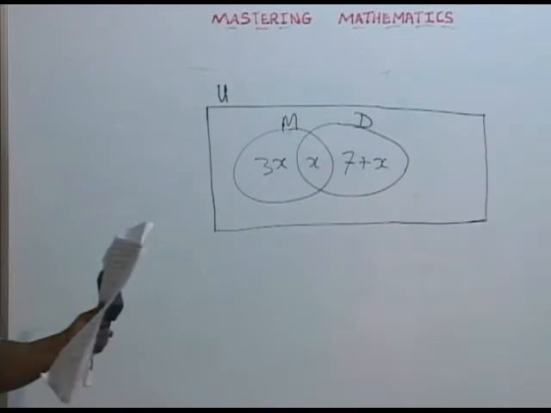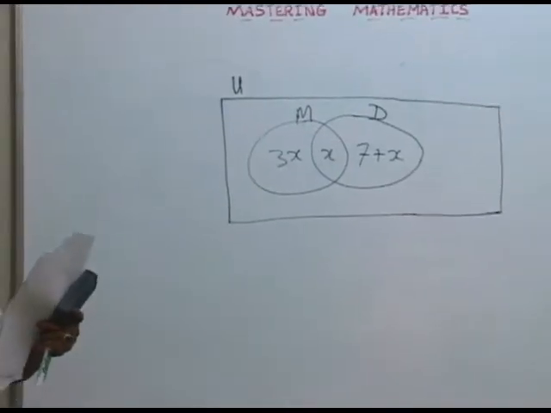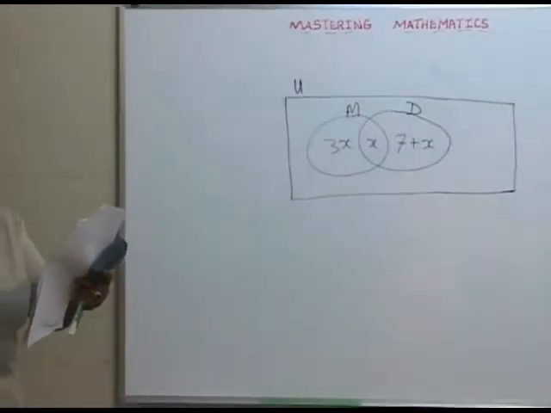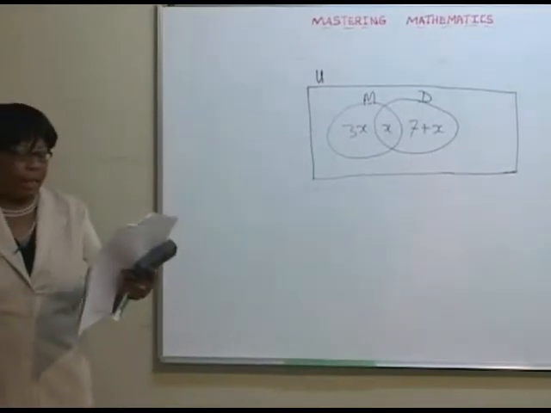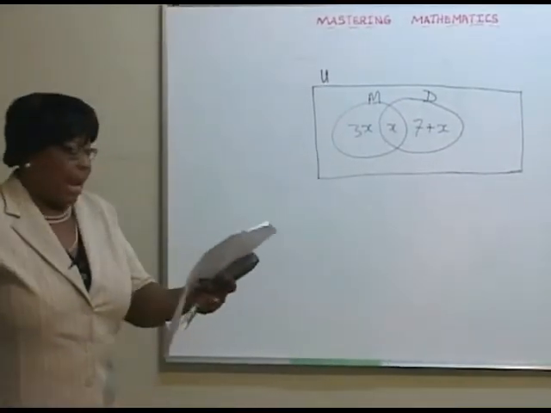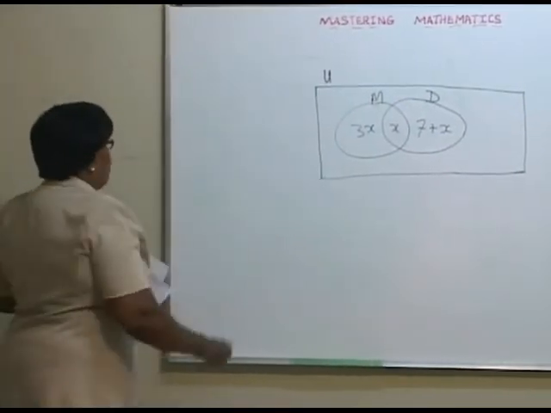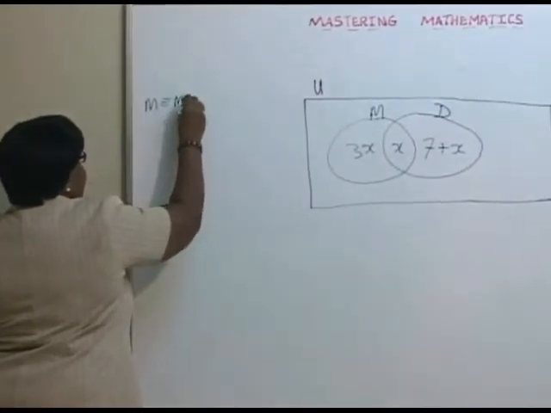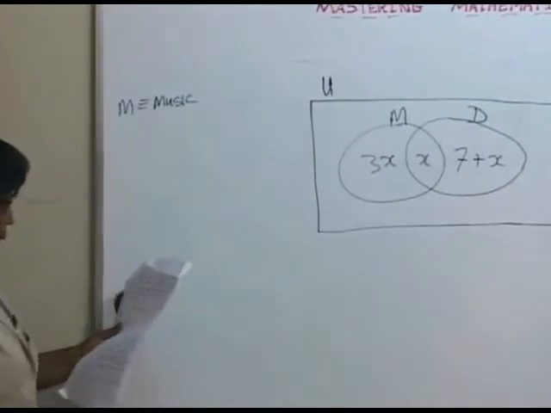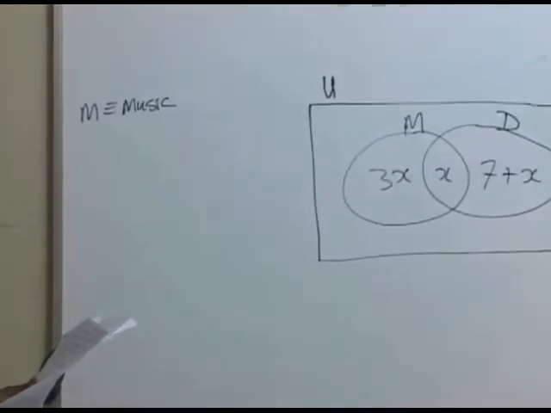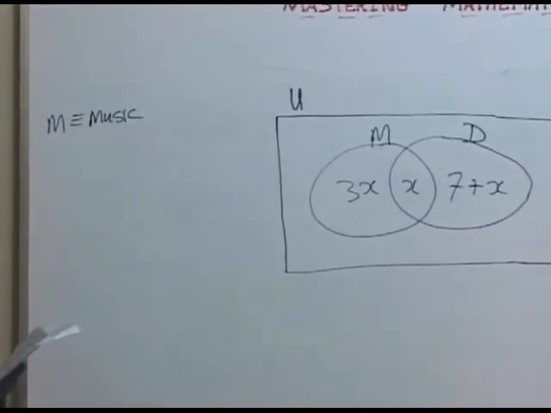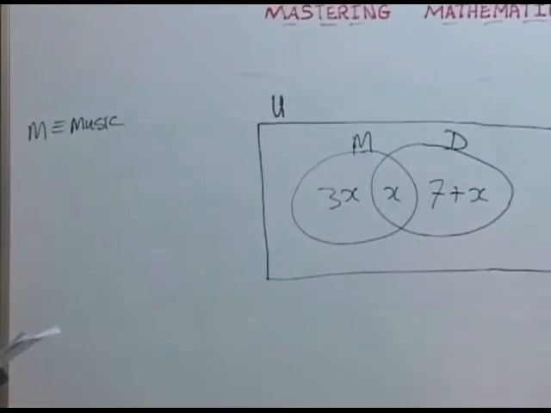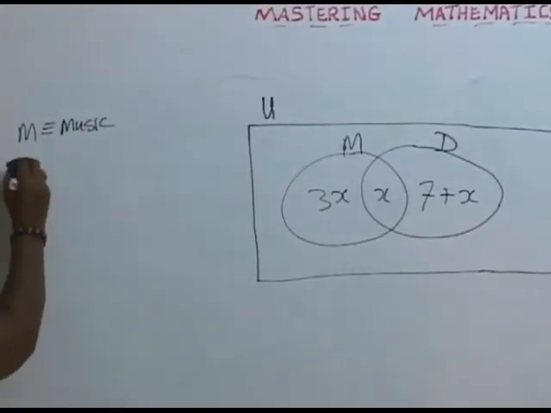So it says, in the Venn diagram shown above, the universal set U represents all the students in a class. The set M represents the students who take music, okay? And the set D represents the students who take drama.